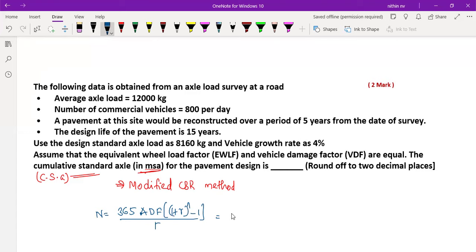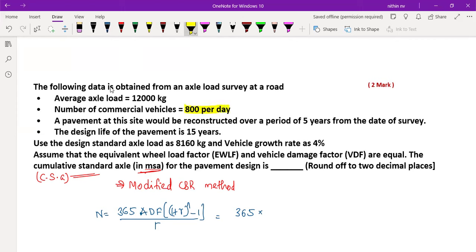Okay. Now, while substituting these values, we know all the values which are required in the equation are not available in the question. Instead, they have given some other data to find those unknown values, right? So first of all, look at this A, anticipated traffic, whether they have given it or not. They have given a data which is actually 800 per day.